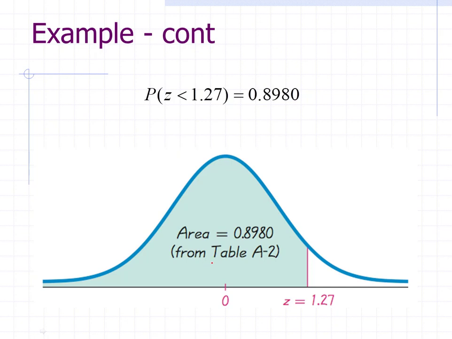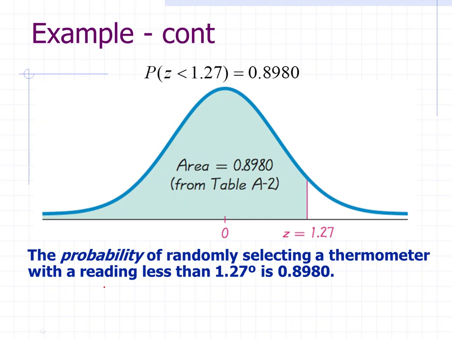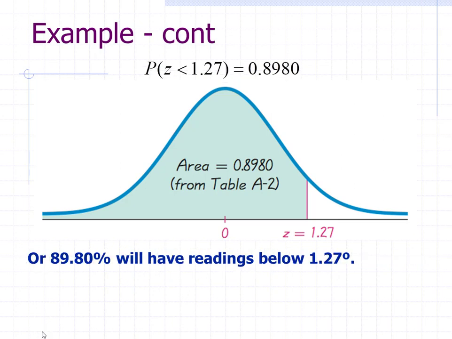That also tells us 0.898 of the area of 1 is less than 1.27. So let's think about it some more, and we can interpret that as the probability of randomly selecting a thermometer with a reading less than 1.27 degrees is 0.898, or 89.8% of the readings will have a reading below 1.27.